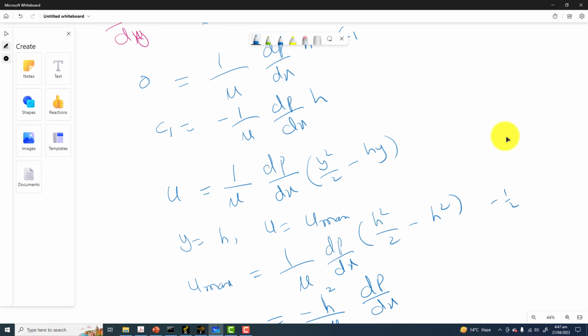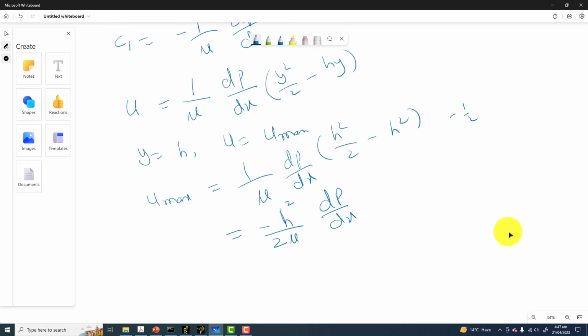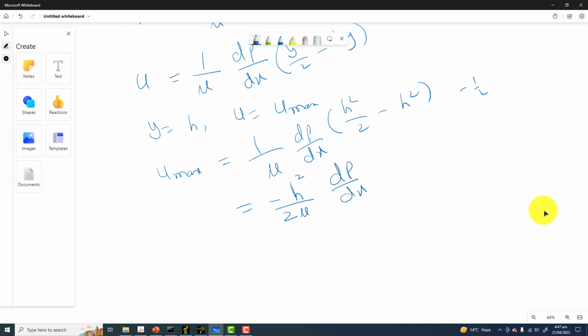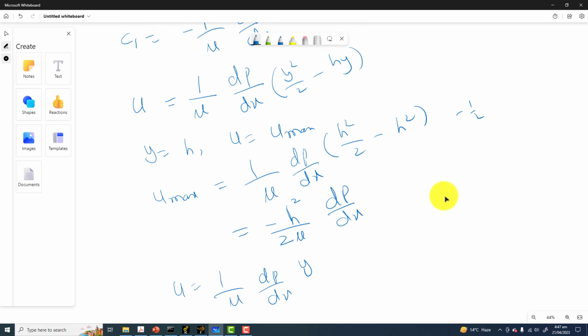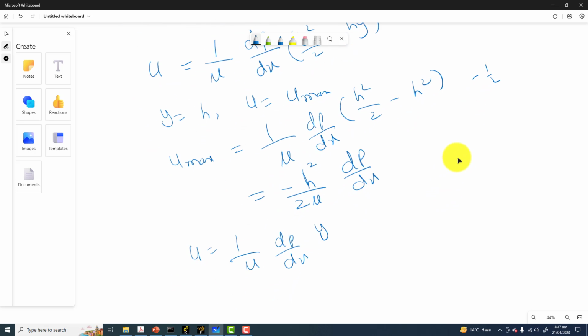So now we know that u is equal to 1 upon mu dp by dx, and this is y square upon 2 minus hy.